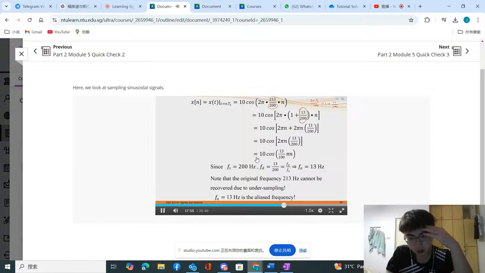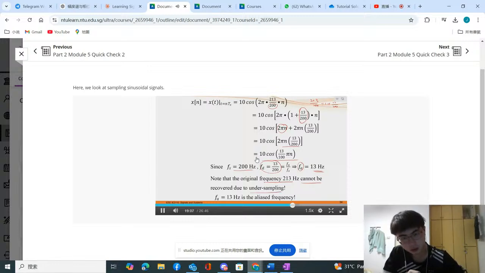So you can see that the original frequency is 213, but after the digital to analog converter, what you get back is 13 hertz instead of 213 hertz. This is due to the fact that it is undersampling, and this 13 hertz here is known as the alias frequency.